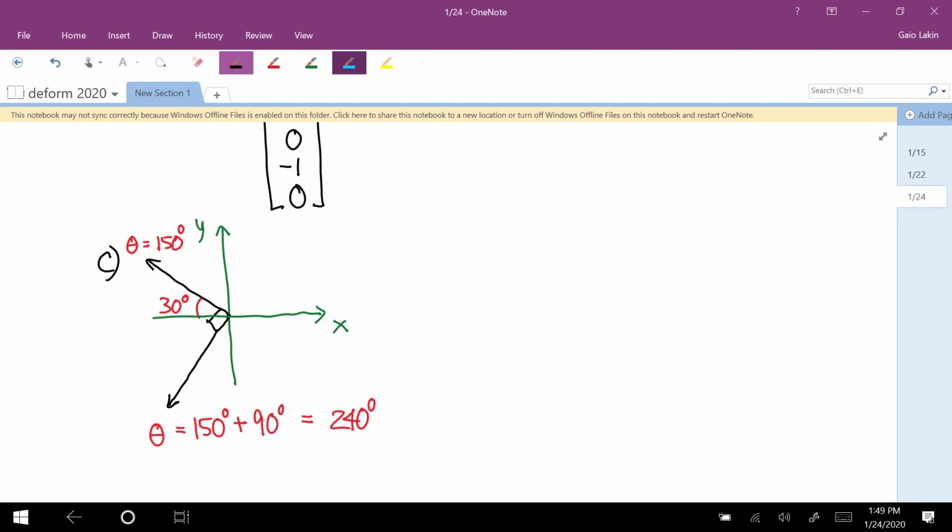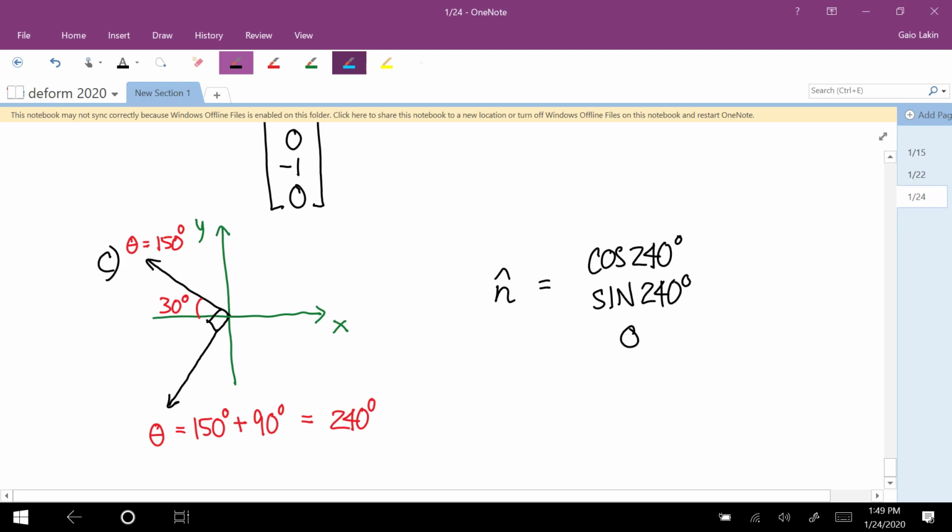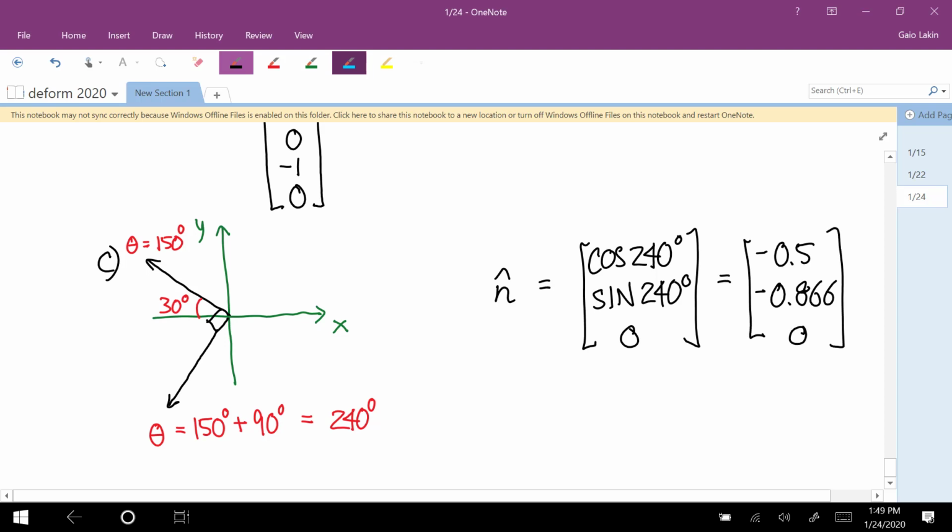So the outward facing unit normal is cosine of 240, sine of 240. And this is all happening in the x, y plane, so z is 0. And so that is negative 0.5, negative 0.866, 0.